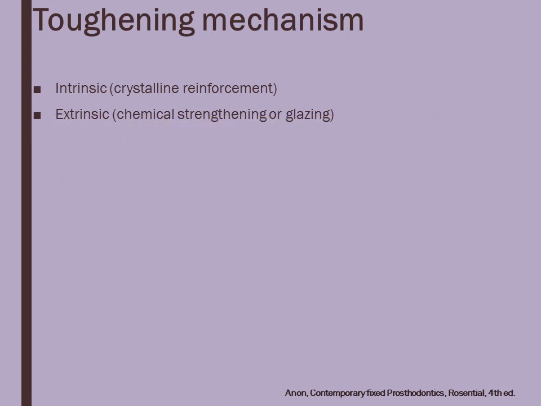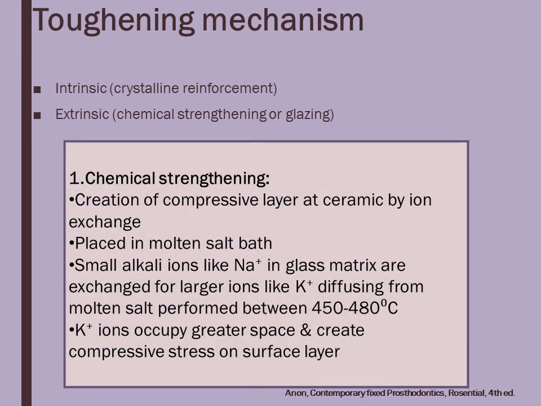Then the extrinsic, in which the chemical strengthening and glazing fall under. So the chemical strengthening is also known as ion exchange, and this leads to creation of a compressive layer on the top of the ceramic. The ceramic is placed in a molten salt bath, and the salt bath basically contains potassium solution.